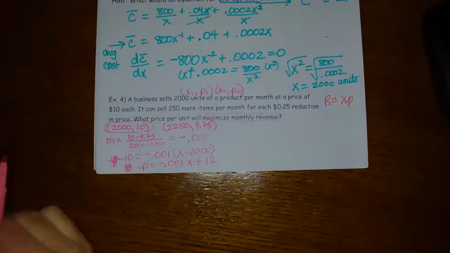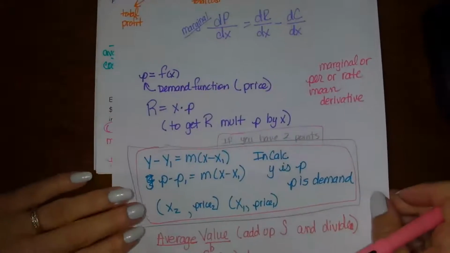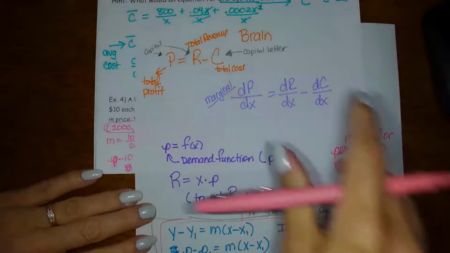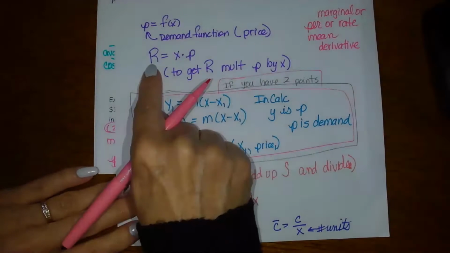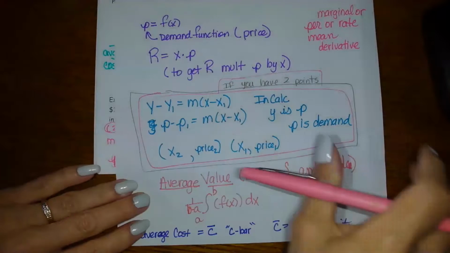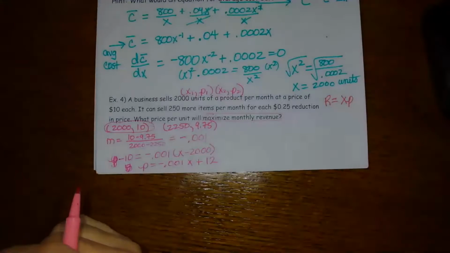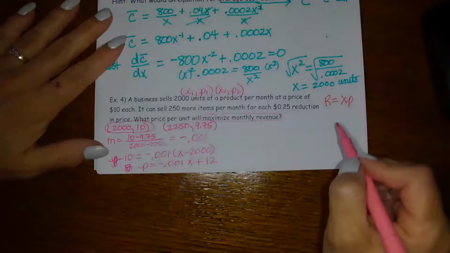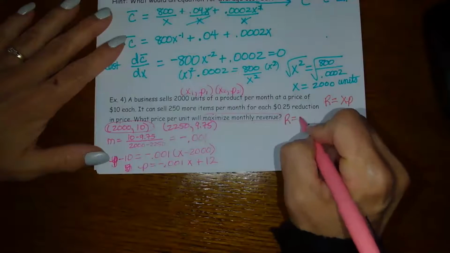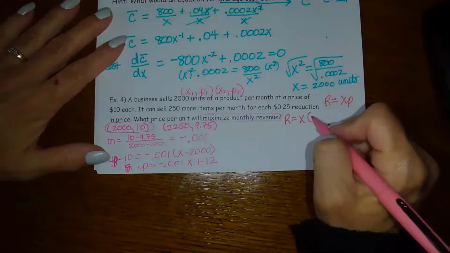Remember from your brain sheet, we have profit equals revenue minus cost. We also have the formula that revenue equals X times little p. And right now we have little p. Make sure you have your brain sheet out. So R equals X times P.